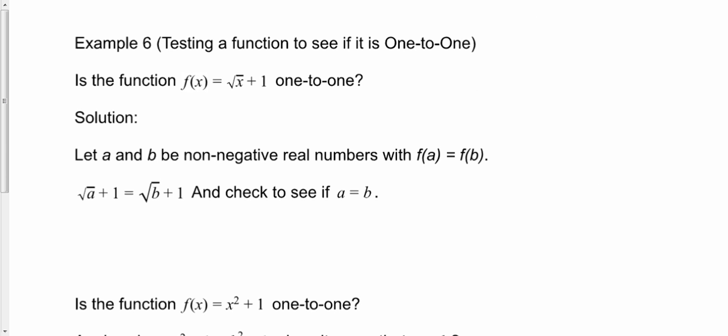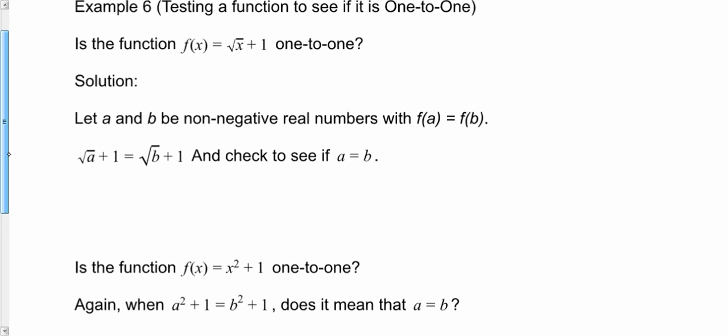Now, let's test this function and see if it's one-to-one. Is the function f of x equals the square root of x plus 1 a one-to-one function? So we do that algebraically.